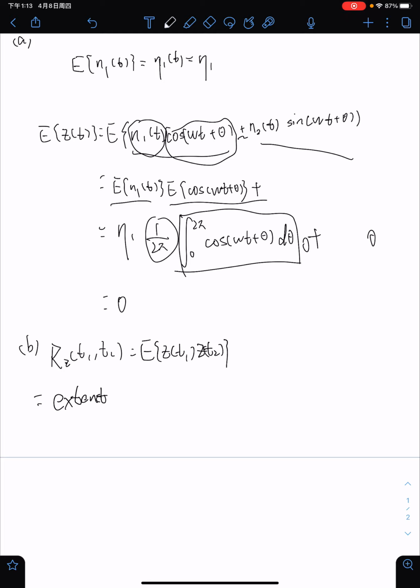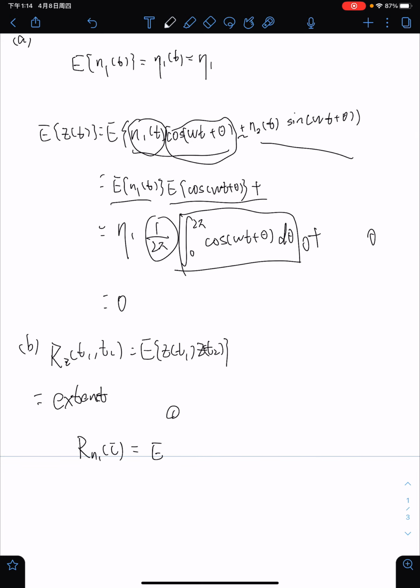First, we can write R sub z of tau equals the expected value of Z(t1) and Z(t2).